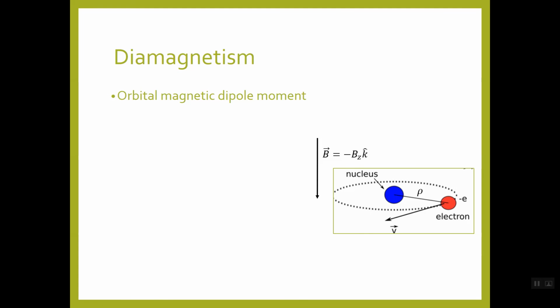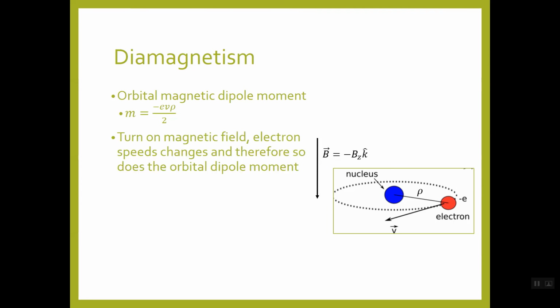So what does that do to the orbital magnetic dipole moment? M that we found to be minus e v rho over 2. So if you turn on the magnetic field, the electron speeds up, and therefore there's going to be a change in the orbital dipole moment as well. So the change in speed will lead to a change in M, the magnetic dipole moment.